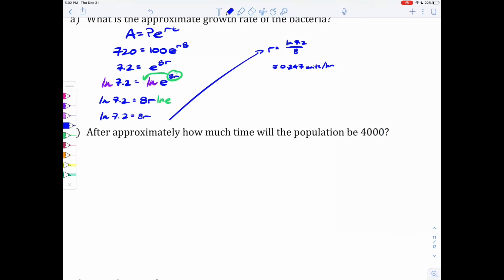When we do that, we're going to be using this rate, but we're not going to be punching in 0.247. We're going to be keeping things as exact as possible.